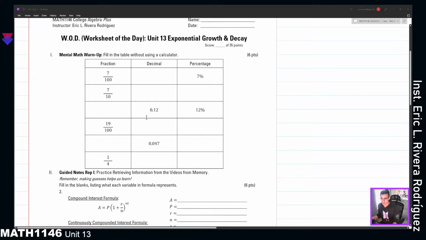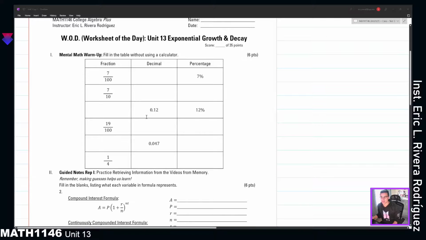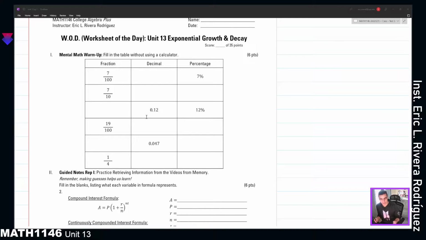So from the past 3 units, we were learning about two new functions or operators: exponential functions and logarithmic functions. We were working with them in a very mathematical, theoretical way.